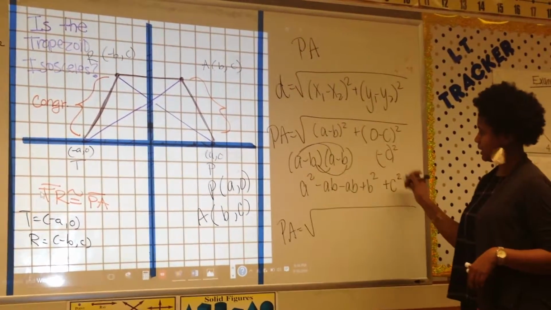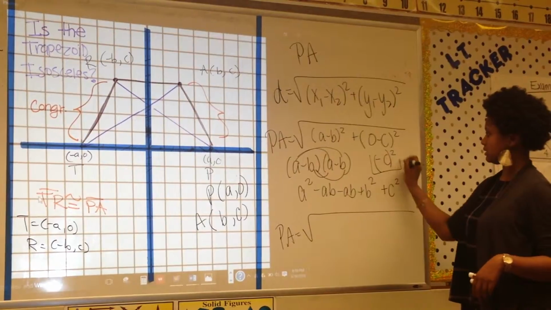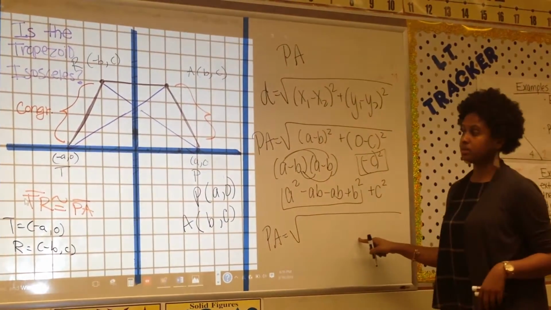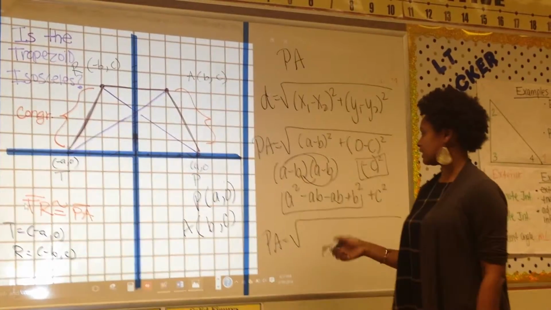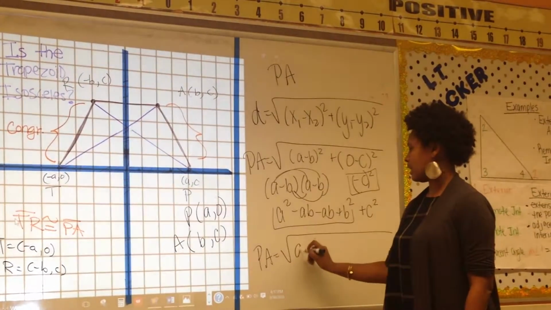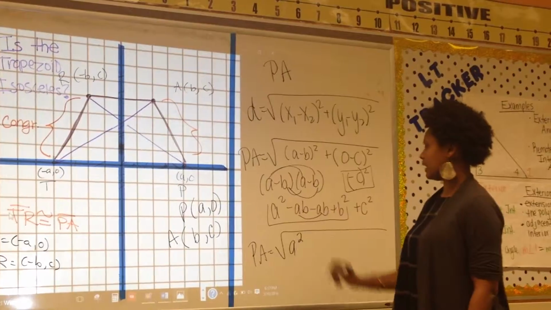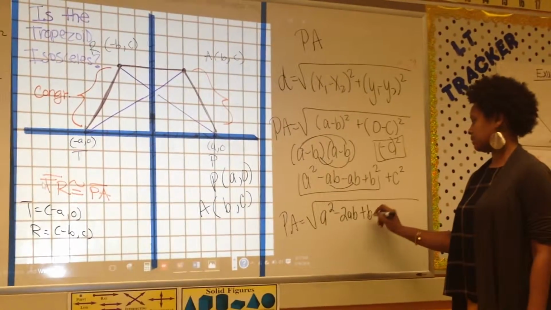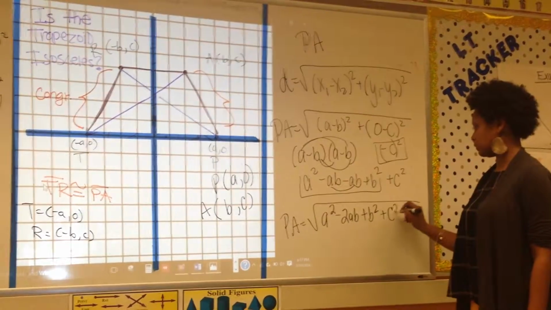So now I'm going to take my expression and this expression here, and I'm going to simplify it even more. Combine like terms if necessary. I have A squared minus 2AB plus B squared plus C squared.